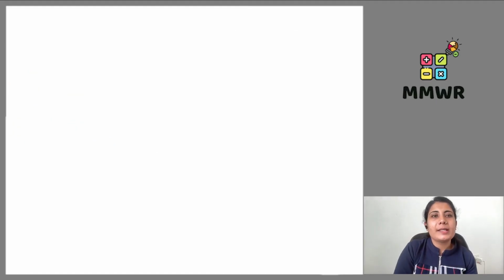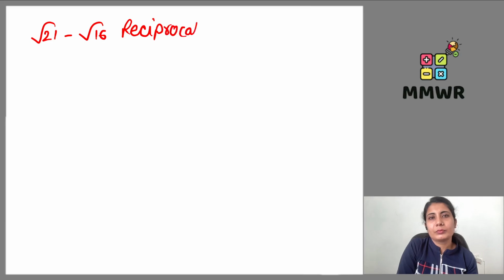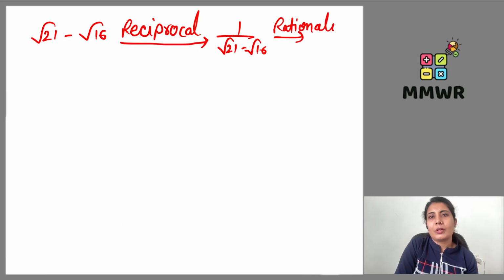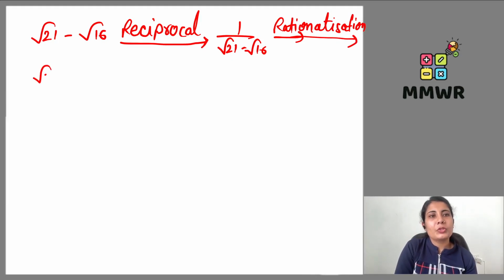When we simplify this, root 21 minus root 16, first I will take the reciprocal, which gives me 1 upon root 21 minus root 16. Then I will rationalize it. Rationalization gives me root 21 plus root 16 upon 5.